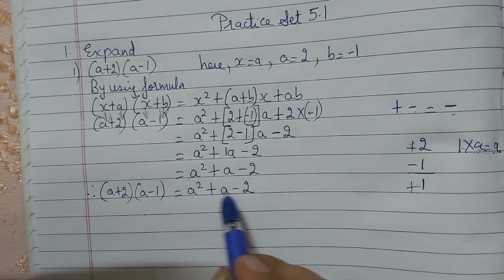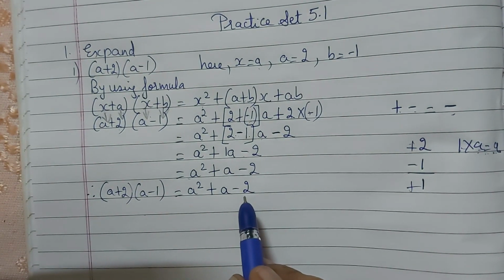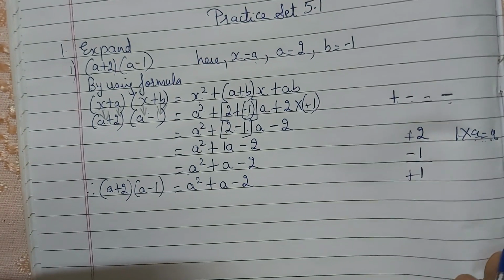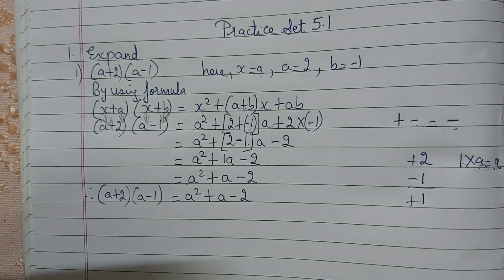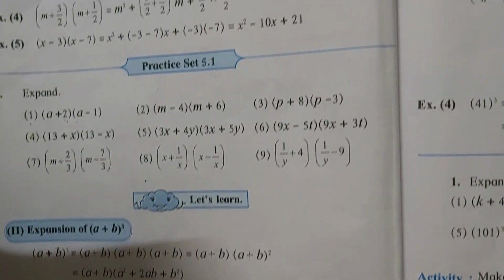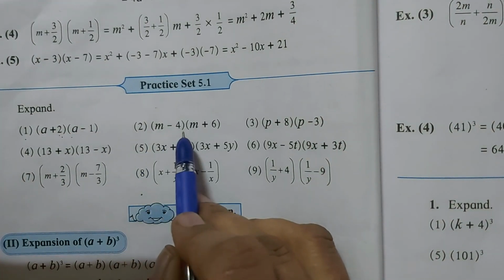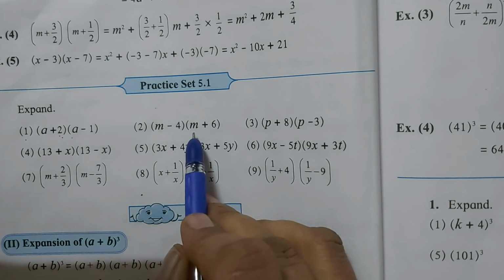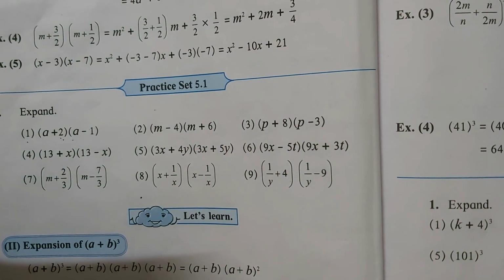So this is our final answer. Okay. Now we will do the second sum. The second sum is (m - 4)(m + 6).